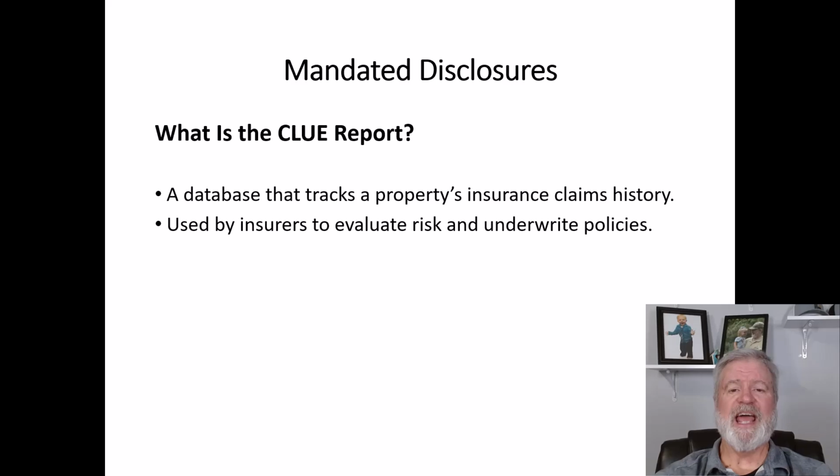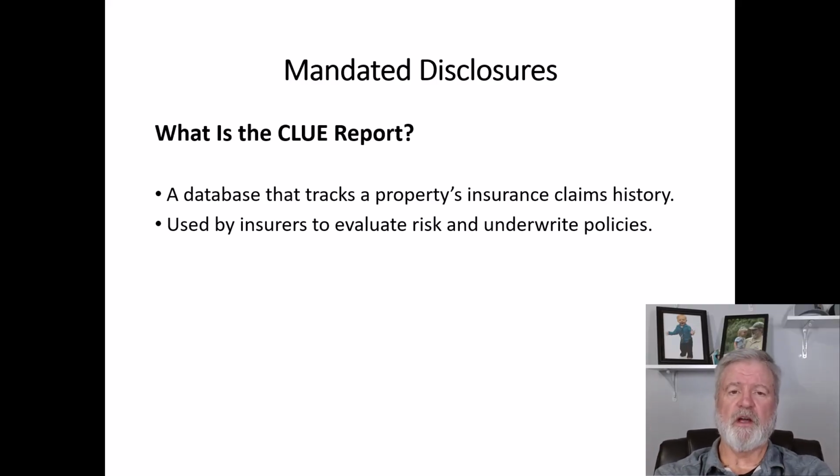Well, there's a database where insurance companies log in all issues, any claims that are reported or filed against their insurance policy. And every insurance company has access to this database.